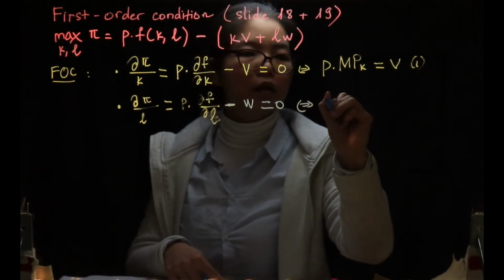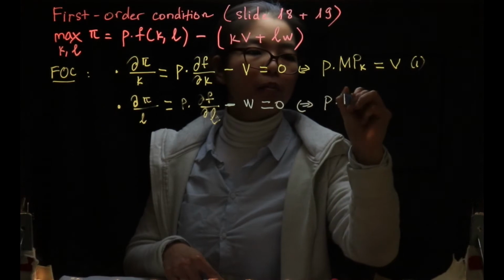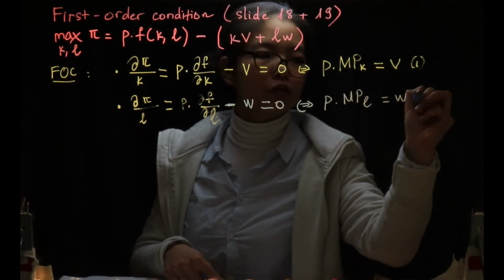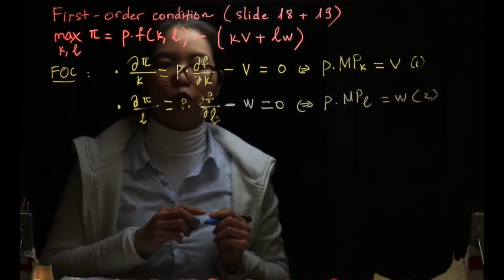So that means P times marginal productivity of L equals W. And this is the second equation.